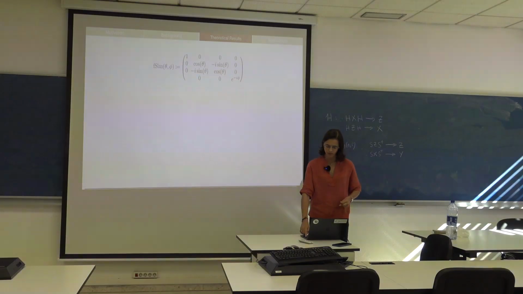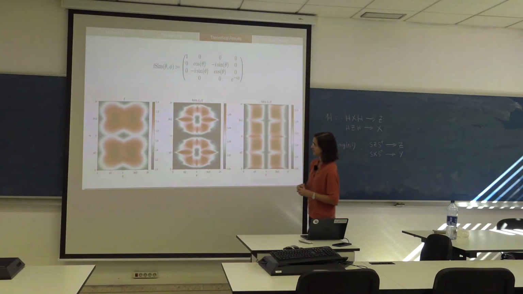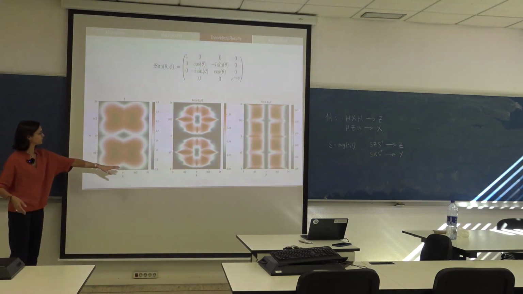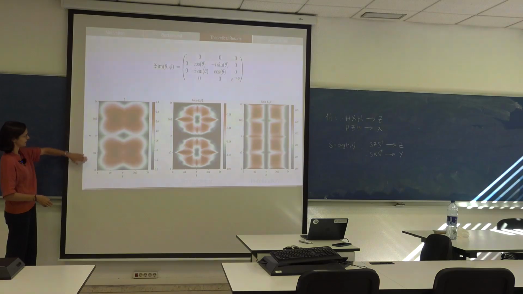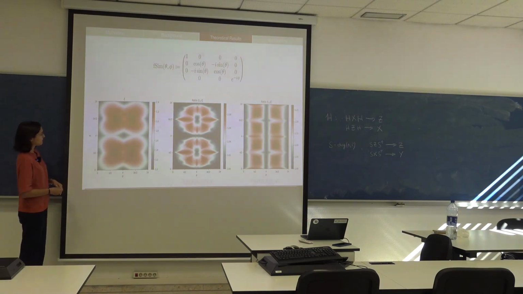What we did is, for these two-qubit gates, we computed the stabilizer extent using the full Clifford group. This is how the stabilizer extent looks for parameters ranging from 0 to 2 pi and 0 to 2 pi.